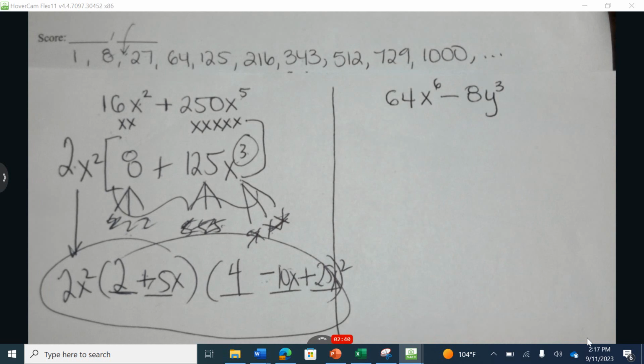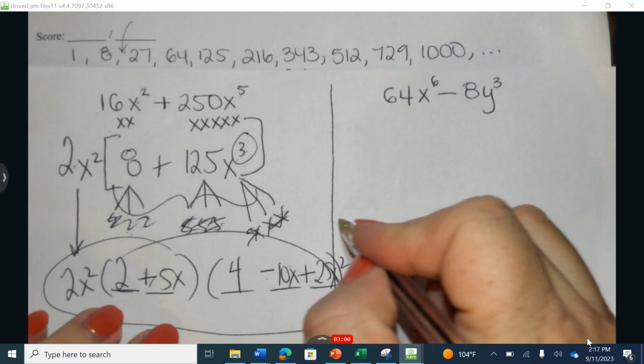Let's look at the last example in this tutorial. 64 and 8 are both on the list. Some of you may recognize right away that you can factor out a value other than 1 from 64 and 8. Others may not recognize that right away, and you can do that at the end. As long as you recognize at some point, it's going to be okay. So I'm going to show you 2 different ways to complete this.